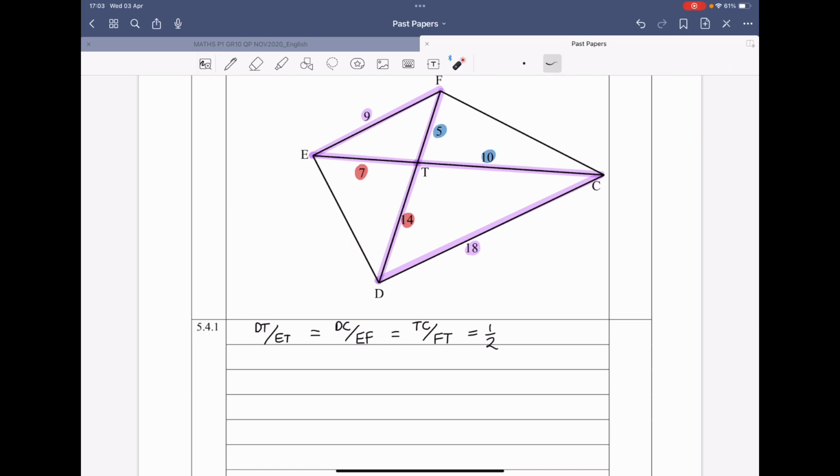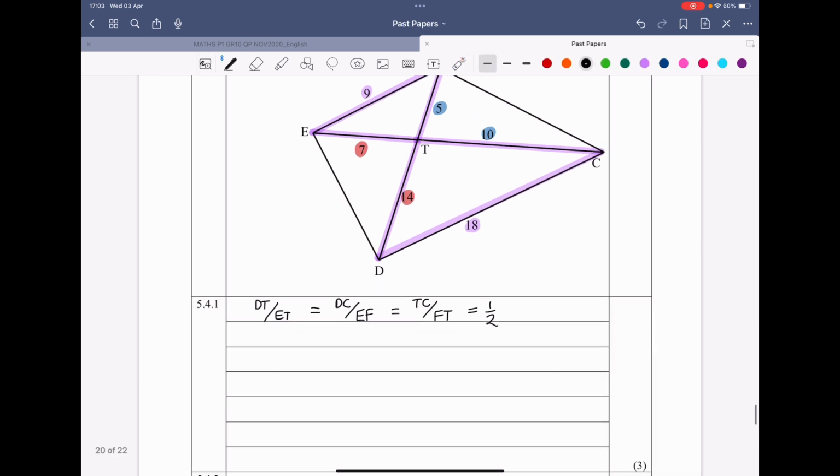Right, so I've just matched up the sides of the triangles with each other. So this is the EF, this is the ET and the DT, and then this is the DC and the EF, and then this is the FT and the TC. Right, so I can say that all of these ratios are equal to a half.